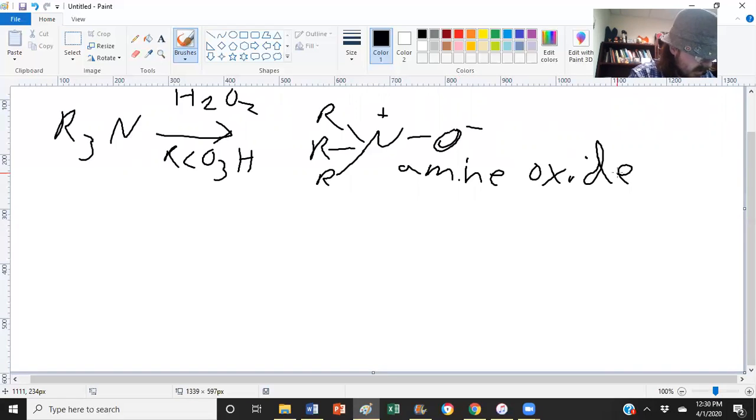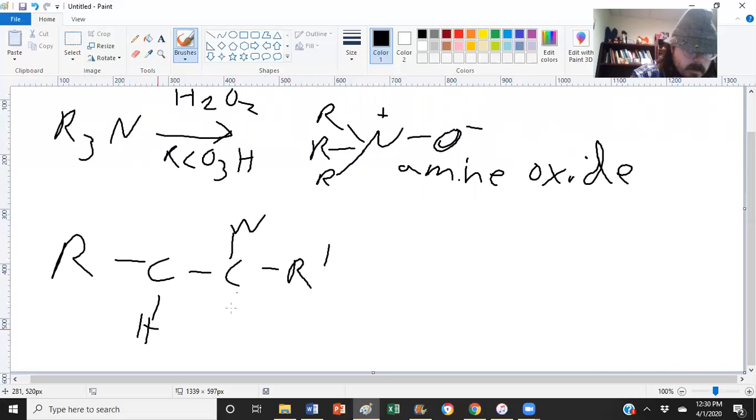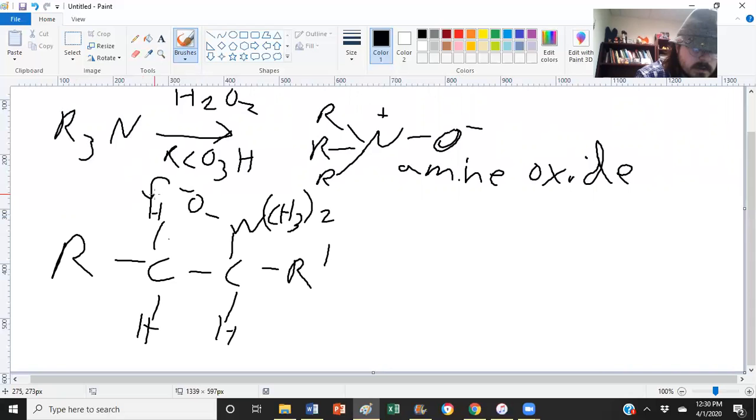For example, if we oxidize this, so we have, say, R C C N R prime, to get to the amine oxide, this oxide is going to act as its own base, deprotonate that, and pick that up to make that a good leaving group.